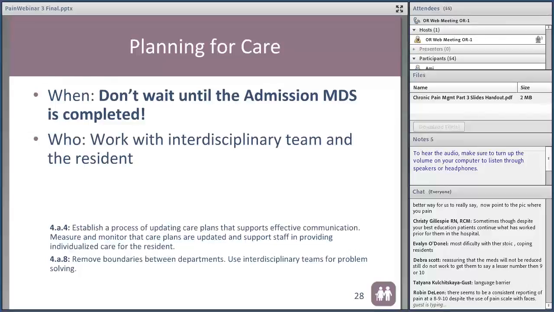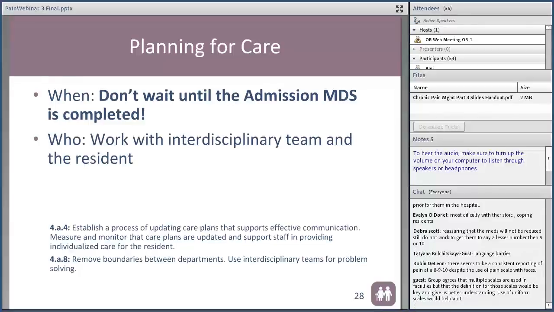And definitely work with the interdisciplinary team, which includes the resident. We've talked about interdisciplinary teams for years versus the multidisciplinary, but I still see, even years later, that we're still not truly adopting the culture of an interdisciplinary approach, and that's critical in this whole process.